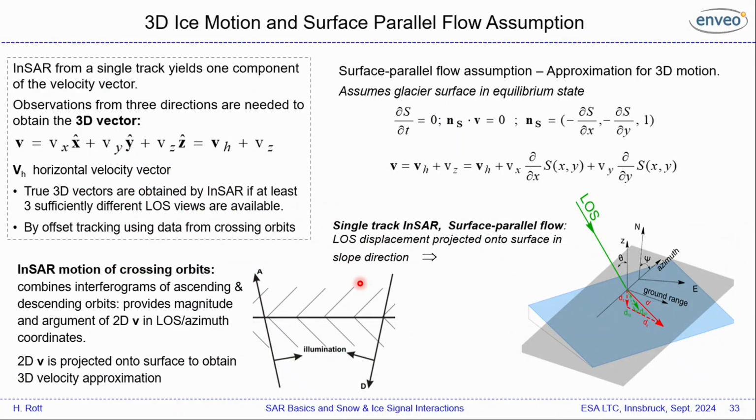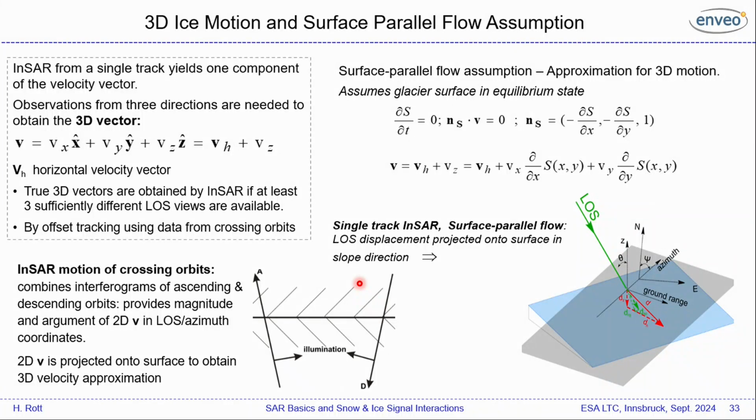Now, to get around this, we would need 3 different measurements from 3 different view directions, which we don't get with InSAR, only with really different tracks.